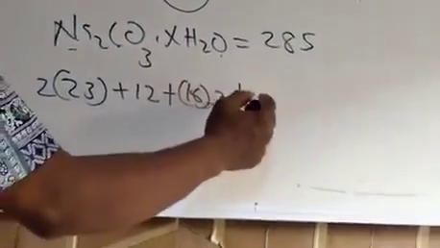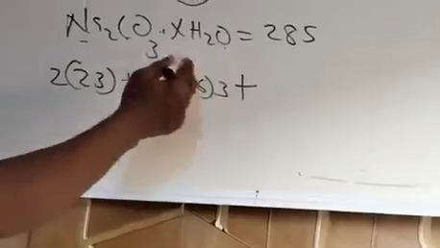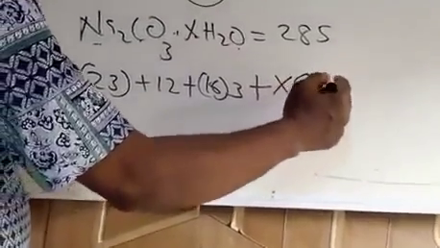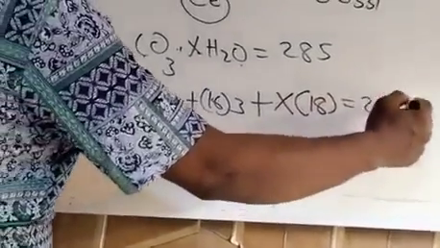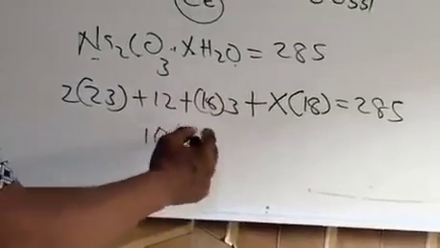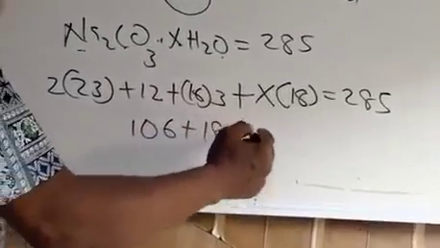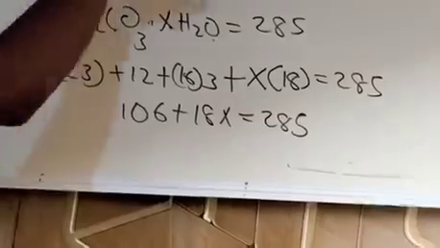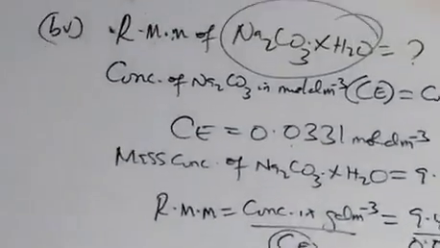And then replace the dot with plus. Then S, the molar mass of water is 18, equal to 285. If I add up everything here, I have 106 plus 18S, giving us 285. So take a minute to go through the work before we wipe the upper side and continue from there.